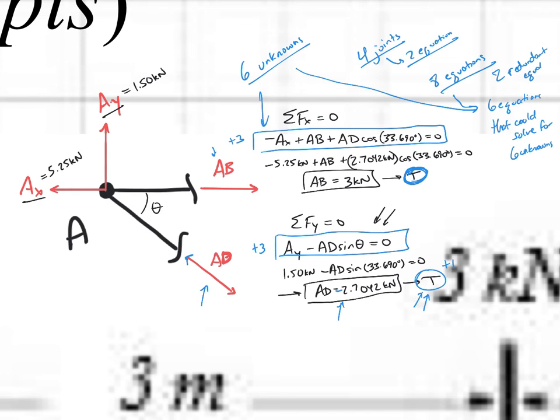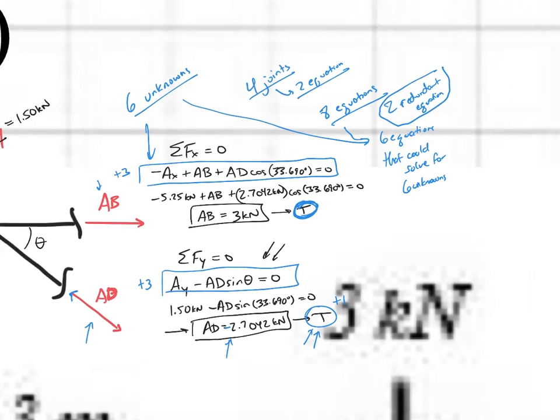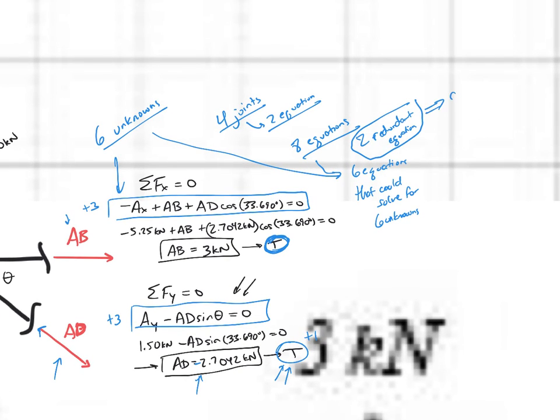As I go through it, I'm going to end up with 2 equations that are not useful, but they can be used. These redundant equations can be used to check your answer. You don't have to do those, but you can. For each of these 6, it was +3 for the equation, and then +1 for the correct interpretation of tension versus compression.